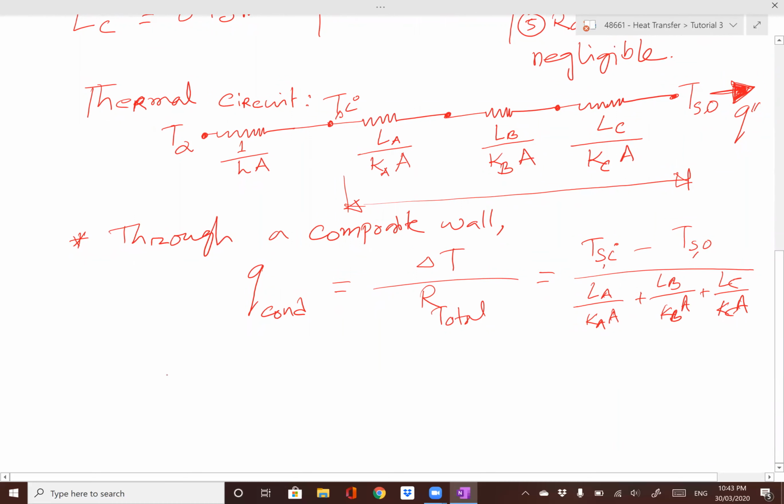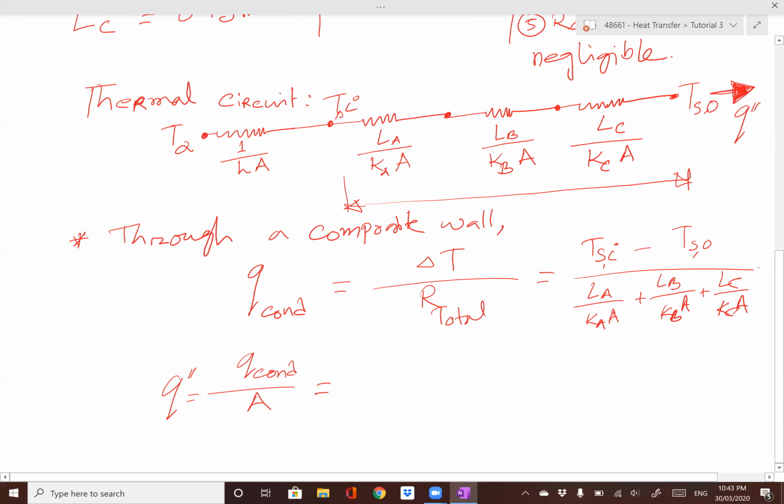Now heat flux is the heat transfer per unit area. So Q through the wall divided by area.